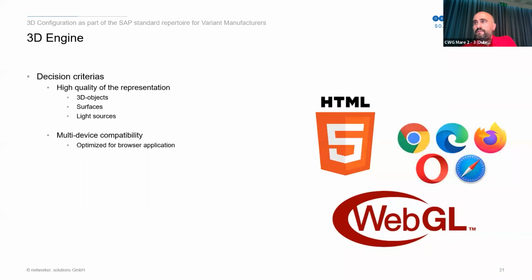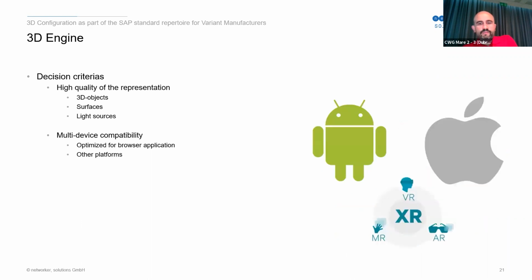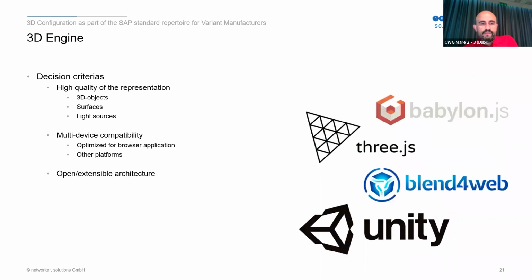It must be multi-device. We also want to use smartphones or other mobile devices, so we have to support multi-device for browser applications and other platforms, of course, native macOS, iOS and Android and so on.